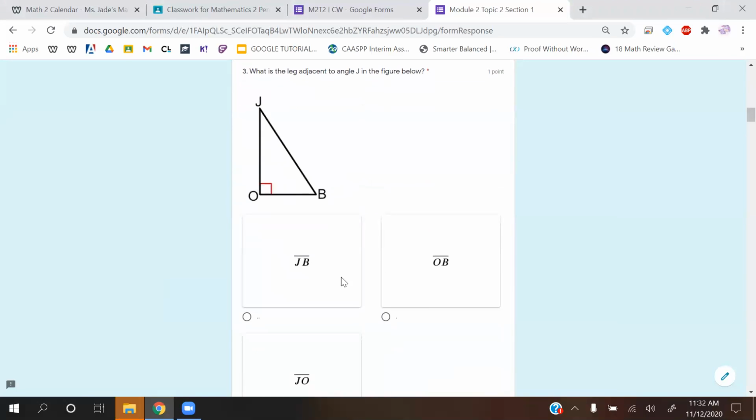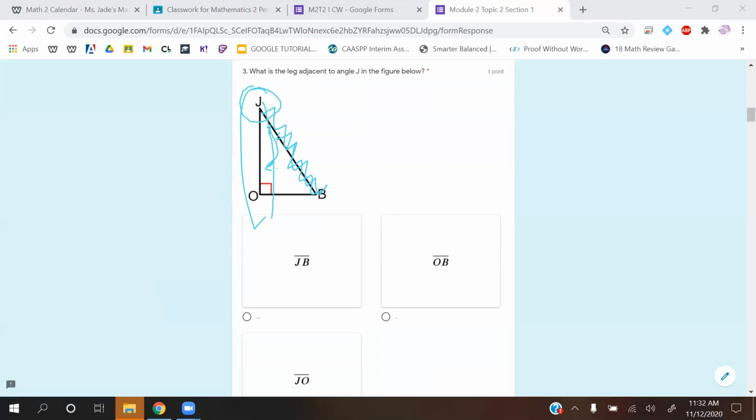What is the leg adjacent to angle J in the problem below? So here's angle J. And we already ruled out JB. JB is our hypotenuse, so it's not this one. Remember, the hypotenuse doesn't change, but we need to figure out which one's adjacent. So what's the only other side that touches angle J? JO. JO, good.